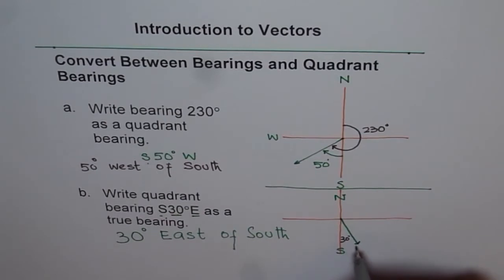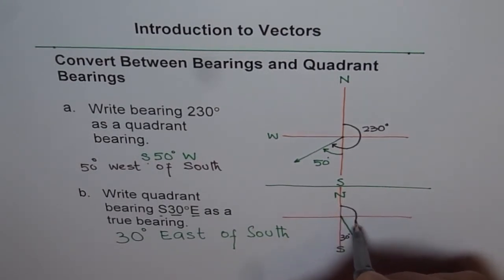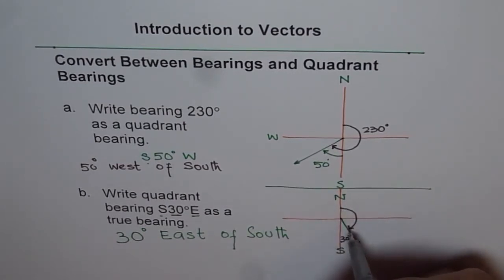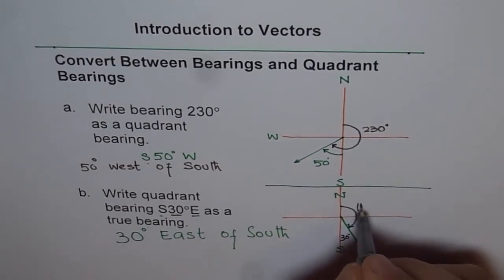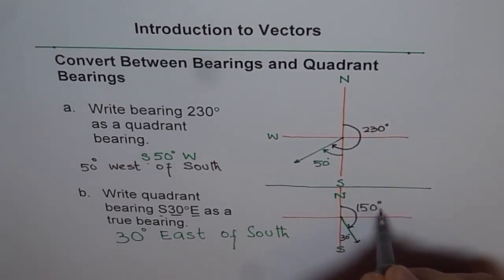So that becomes the direction. Quadrant bearing angle: 30 degrees east of south. And the true bearing angle will be from north clockwise. How much is this? It is 180 minus 30. So it is 150 degrees, right?